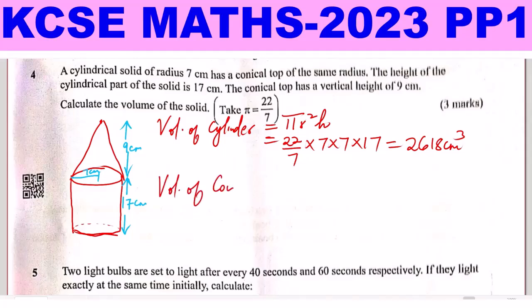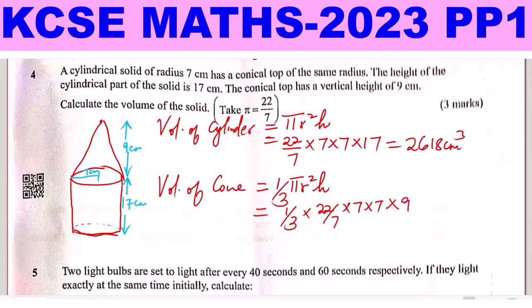Then we go to the cone. Volume of the cone is given by a third pi r squared h. So we have a third times pi, which is 22/7, times radius 7, so 7 squared, times the height, which is 9. Again, use a calculator to work this out. This will give 462 centimeters cubed.